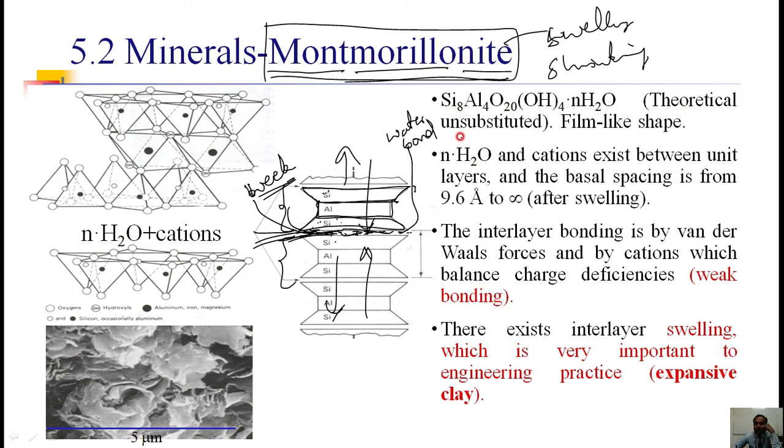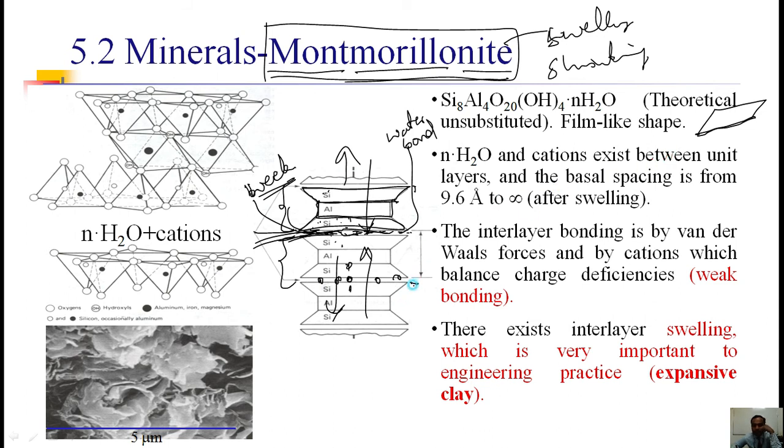Theoretical substituted. Film like shape means very thin, a very thin film will be there. Therefore this is called film like shape. nH2O and cations exist between unit layers, means between this layer and this layer, nH2O will be there and cations exist.